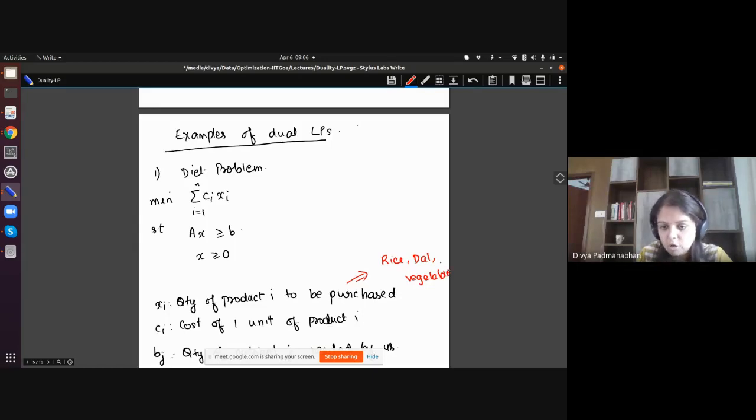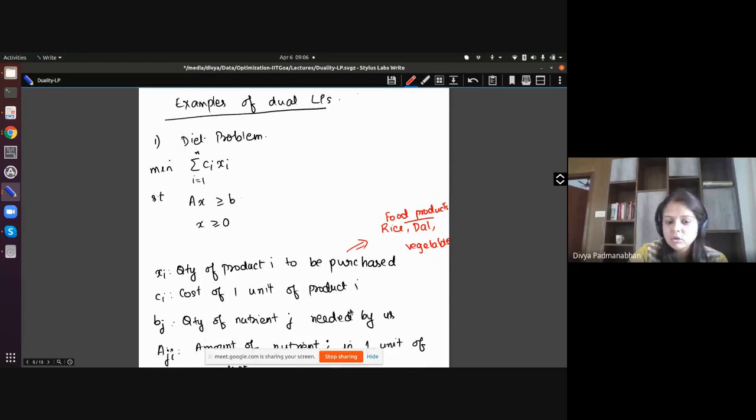These are the food products, and they all have some nutritional value. You want to see how much quantity of each product you want to purchase so that you meet your daily requirement. The nutrients could be something like we saw earlier: carbs, proteins, and maybe some vitamins.